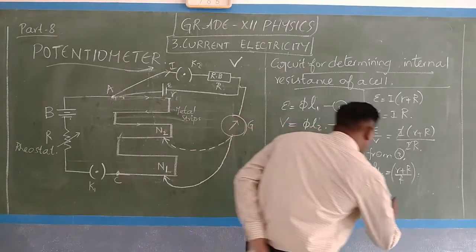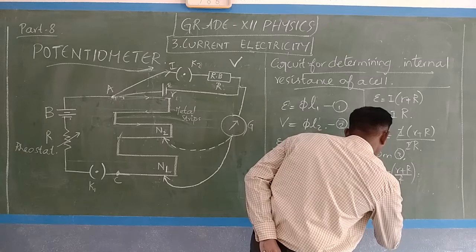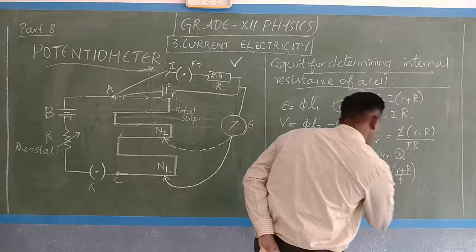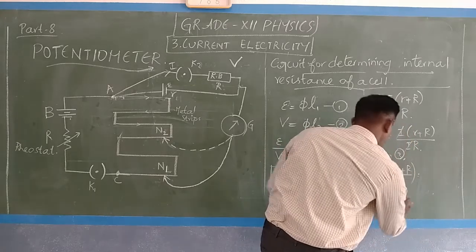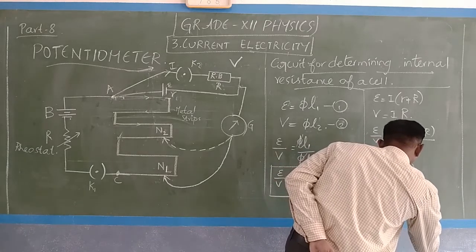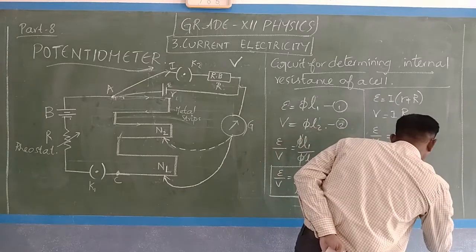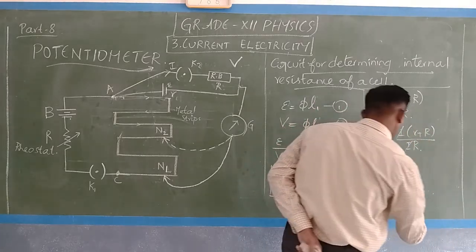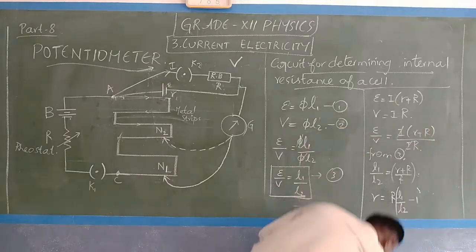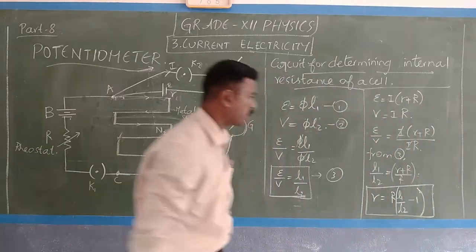Clear? I will cross multiply it. I can write it like this: small r equals R times L1 by L2 minus R. Can you get this?